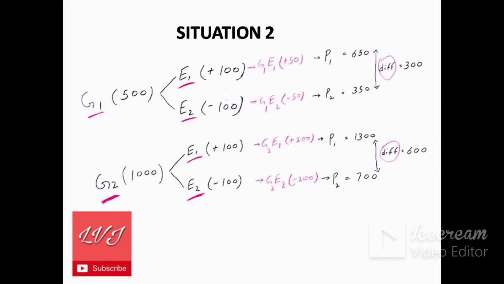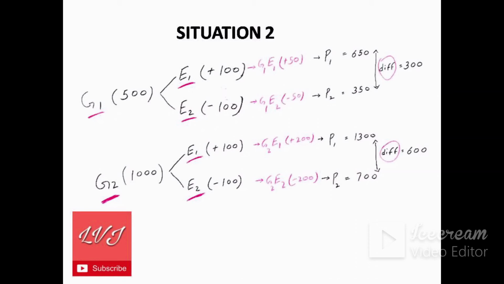Here for the genotype 2 animal in environment 2, with the genotype 2 environment 2 interaction, the phenotypic value will be 1000 minus 100 for environment 2, and again minus 200 for the genotype environment interaction.